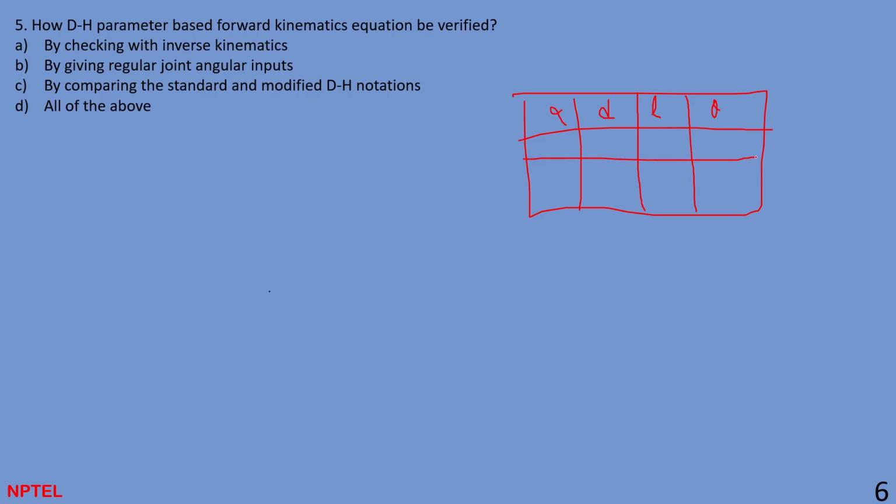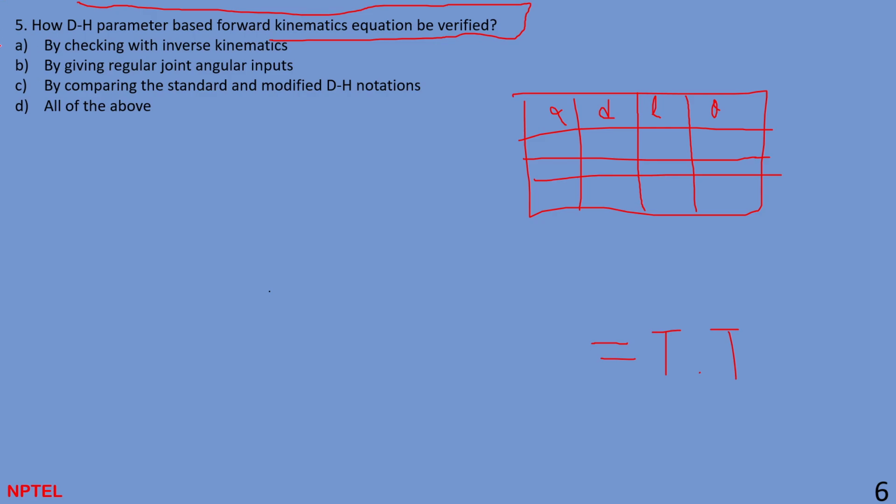If you have calculated the DH parameters and you want to see if they are right or not, they're asking how the DH parameter based forward kinematics should be verified. Based on these DH parameters, you will calculate the transformation matrices, multiply them, right? So how will you verify that your DH parameters are correct?